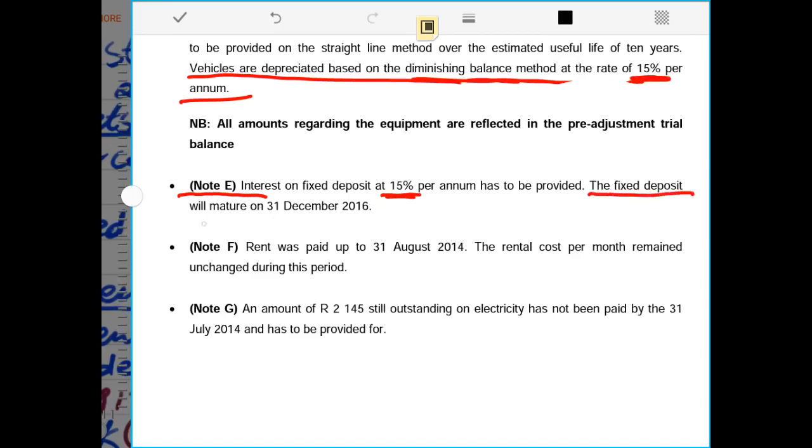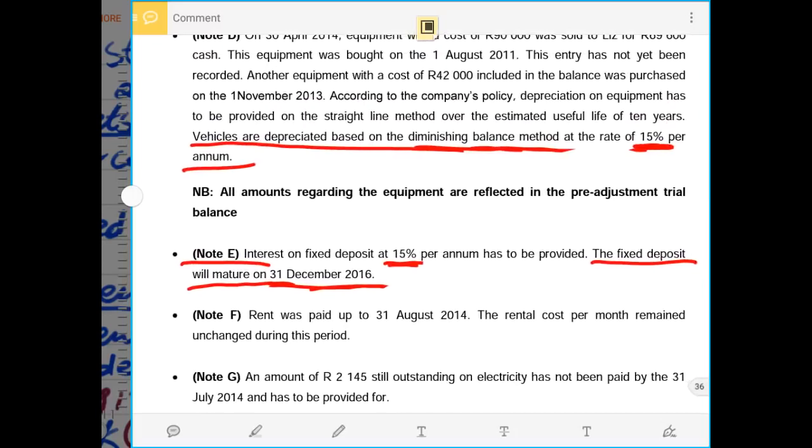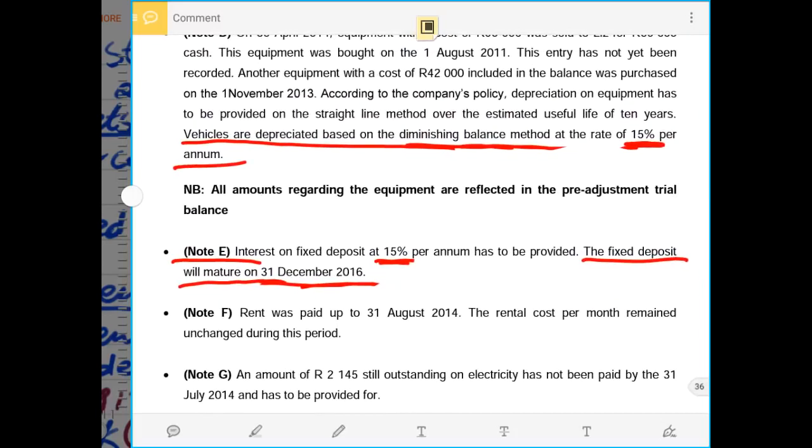Fixed deposit will mature on the 31st of December 2016. So now it means it will mature in the next 2 years because we are doing the books for the year end 31st July 2014. 15 and 16 is 2 years.